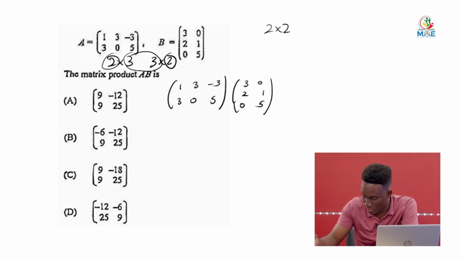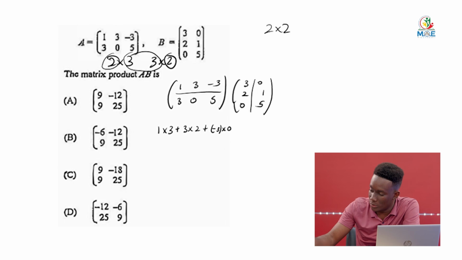So let's do row by column. This will be 1 multiplied by 3 plus 3 multiplied by 2 plus -3 multiplied by 0.